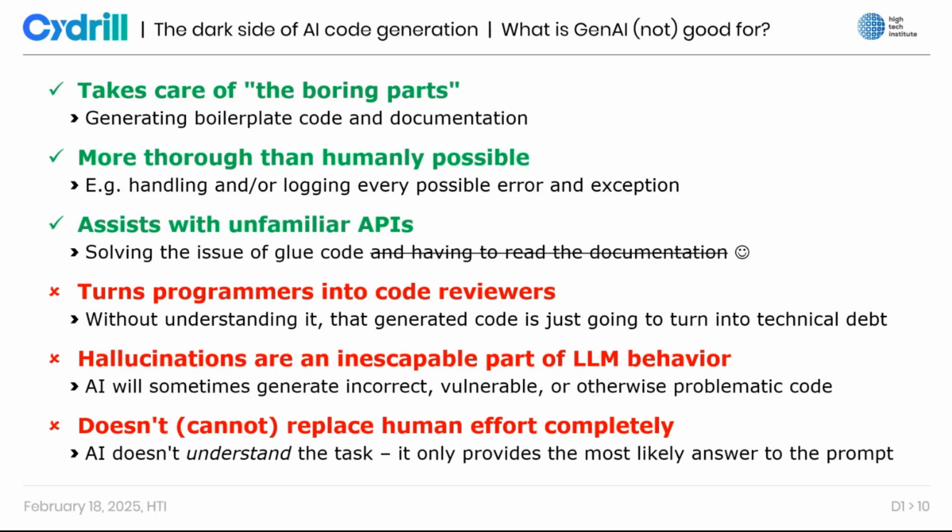And finally, we can also say that AI is not something that can replace humans, at least based on the current state of the art, because it doesn't really understand the task that we are doing, the semantics. It is going to give us the most likely answer to the prompt that we gave, which is going to be working code most of the time.